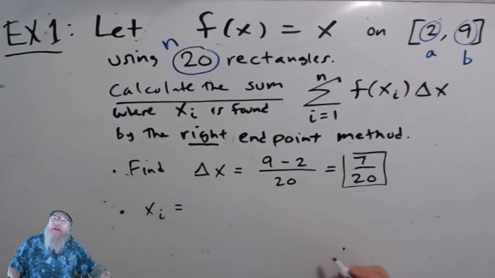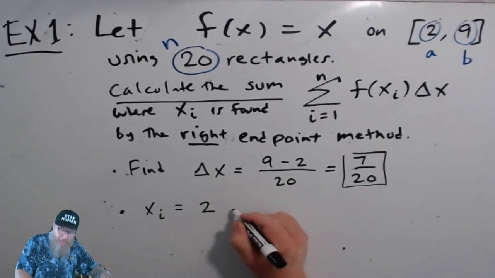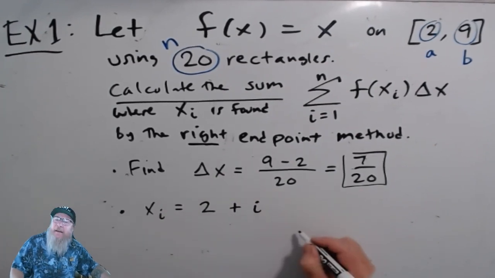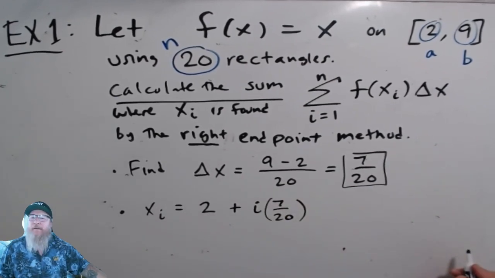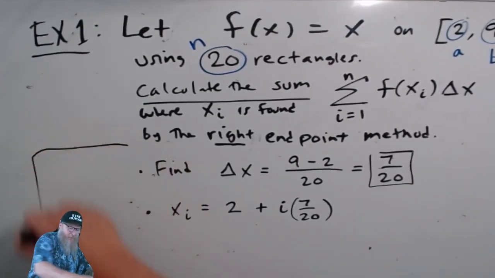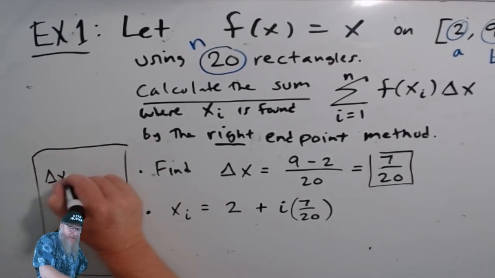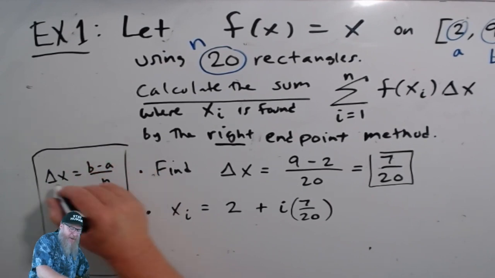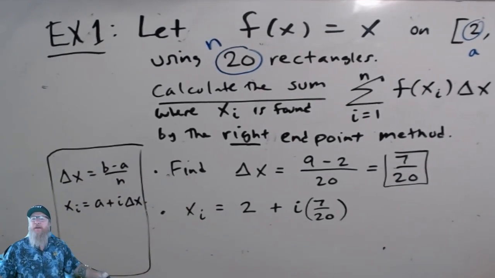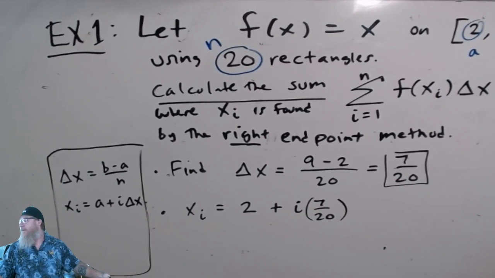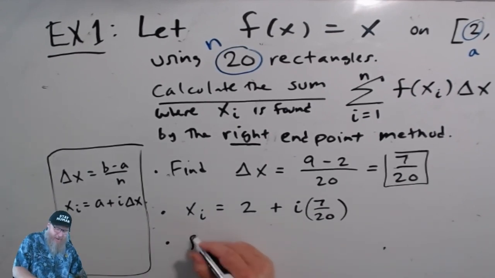xi is a plus i delta x. Maybe I'll just put some little reminder formulas over here. Delta x is b minus a over n. xi is a plus i delta x. All right, f of xi.